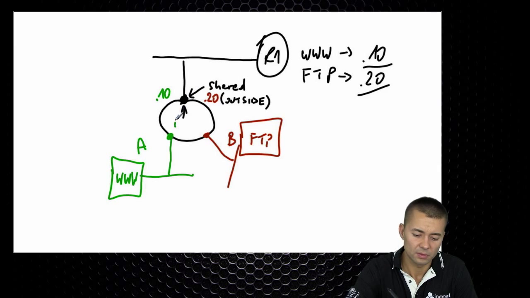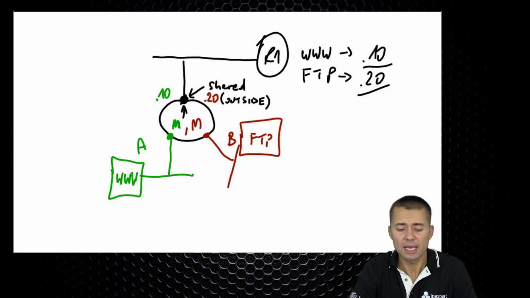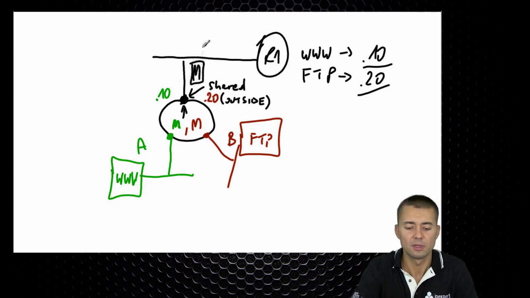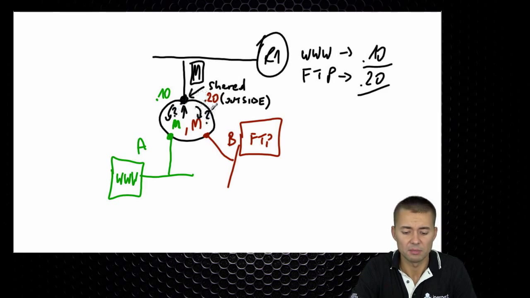So both contexts are going to be using the same MAC, which is, let's say, M. When the ASA gets the packet, which is destined to M at layer 2, it doesn't know if the packet should be sent to this context or maybe that context, because the packet is physically sent to a single MAC.